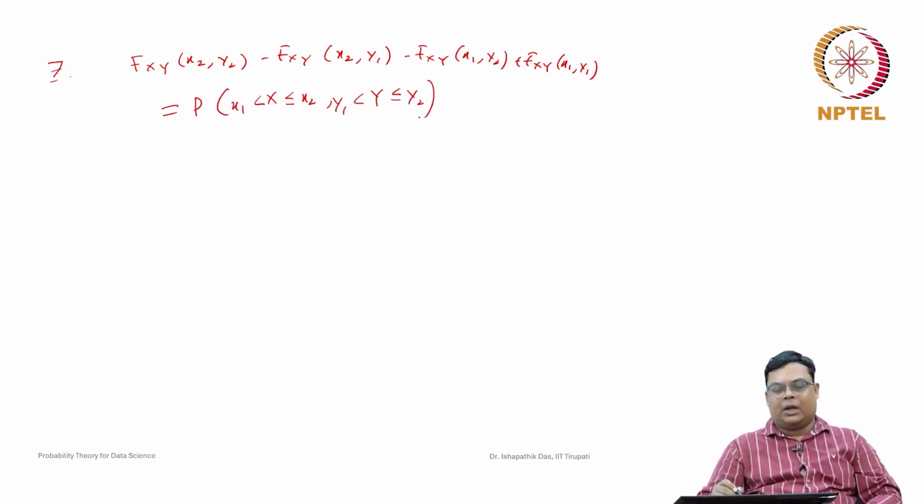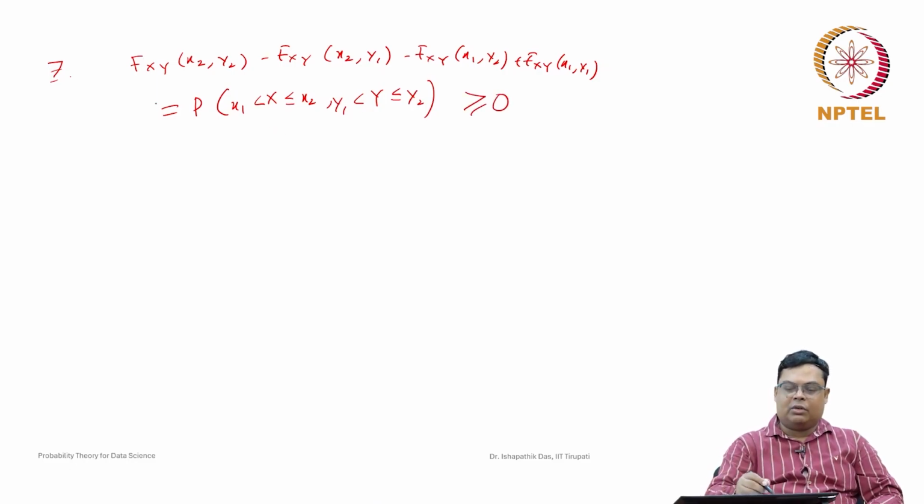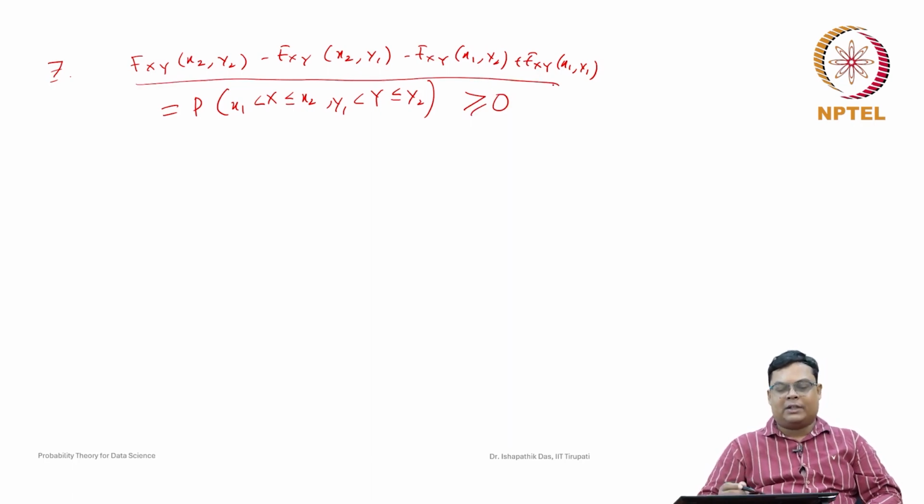That is what property 7 says. By axiom 1, this probability should always be greater than or equal to 0.